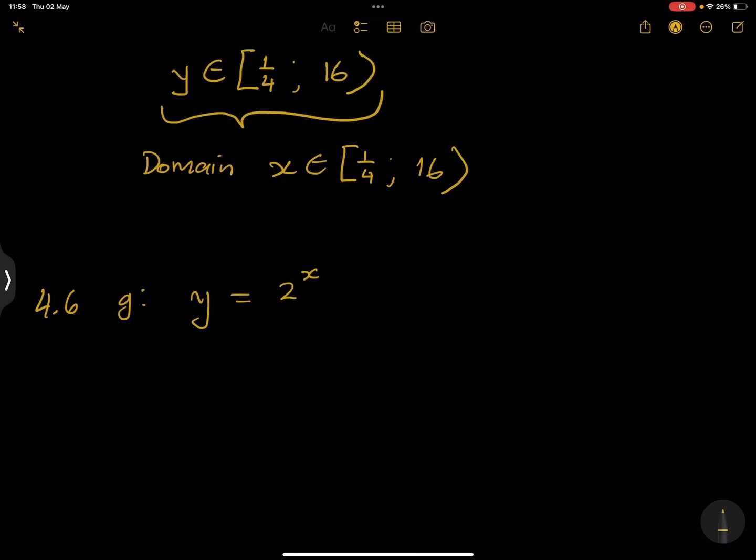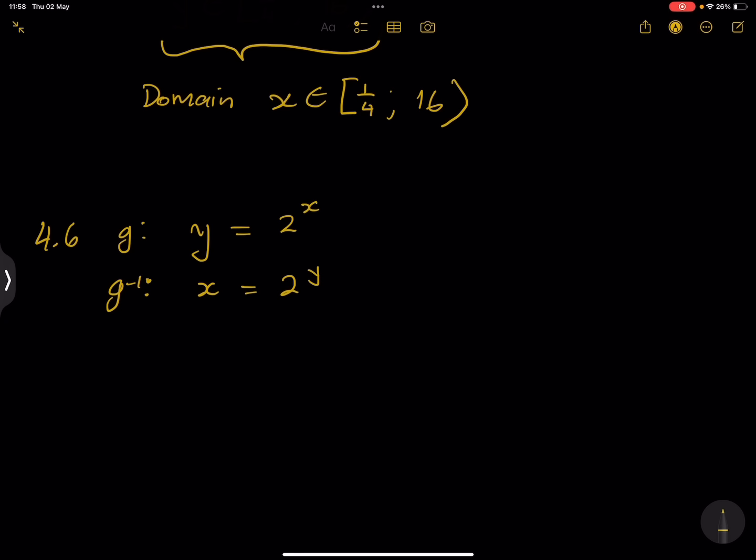And so for g inverse, we just swap the x and the y. So we introduce logs on both sides: log x is equal to log of 2 to the exponent y.